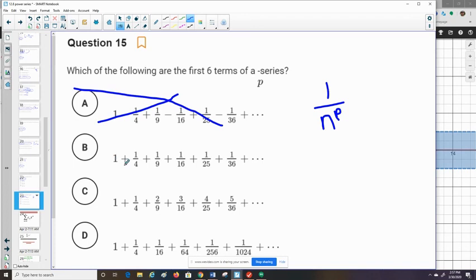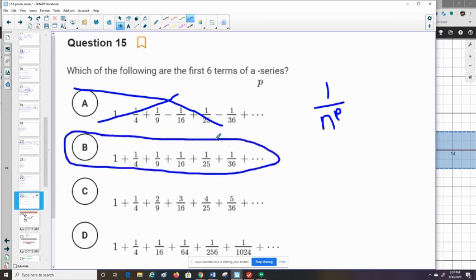So I've got 1 over 1, and then 4, 9, 16. I recognize that these are squares. So this would be 1 squared, 2 squared, 3 squared, 4 squared, 5 squared, 6 squared. So that's looking like a p-series where p is equal to 2. That's looking like a pretty good candidate.